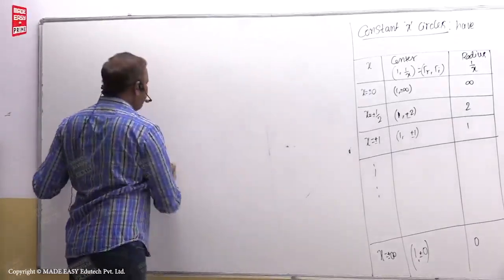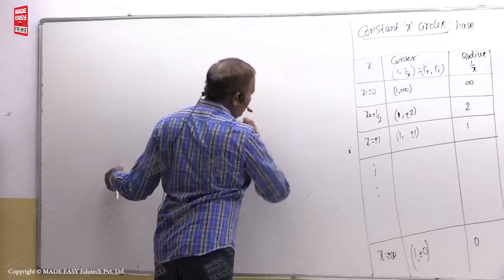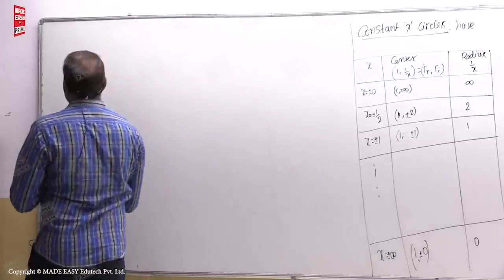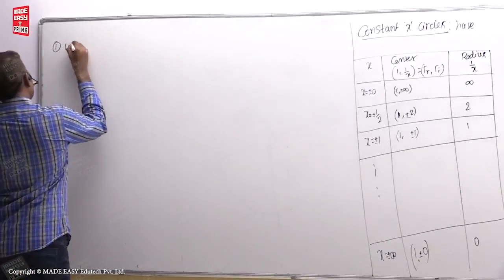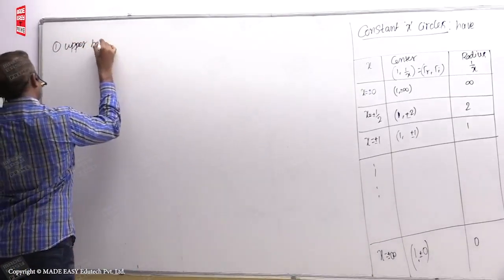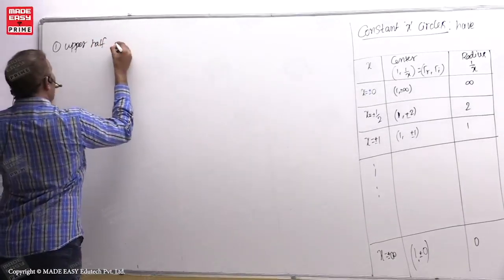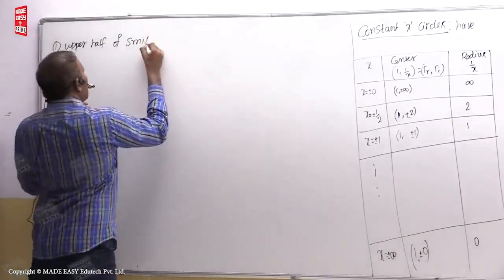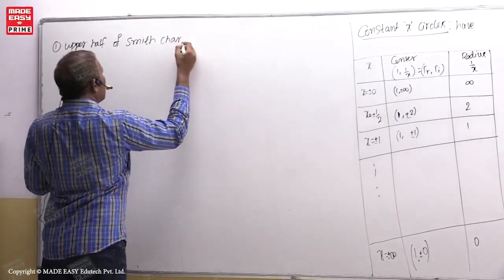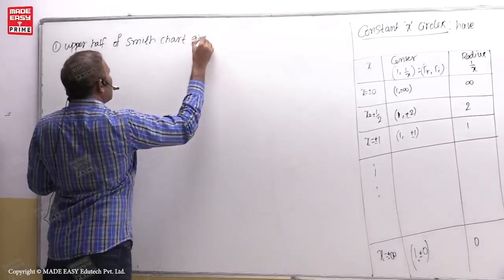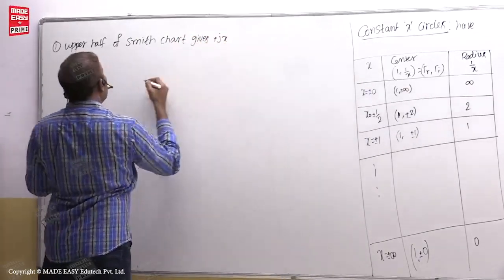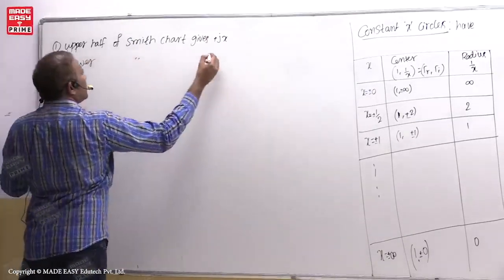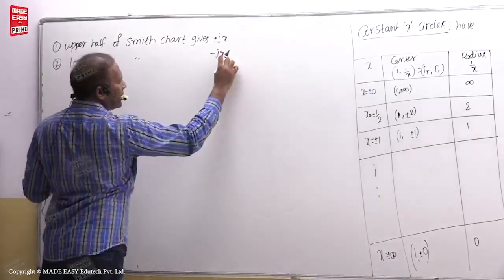So, the first point is, upper half of the Smith chart gives plus Jx, then lower half gives minus Jx. This is inductive, this is capacitive.